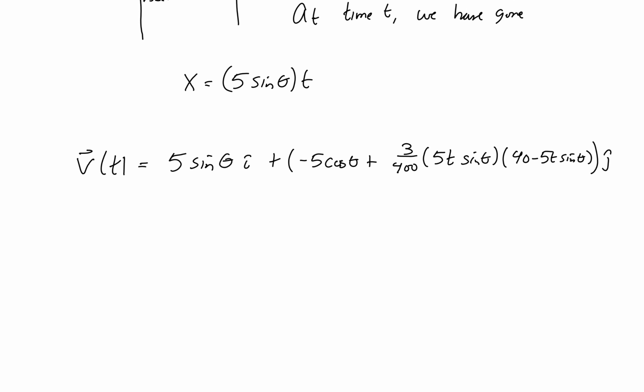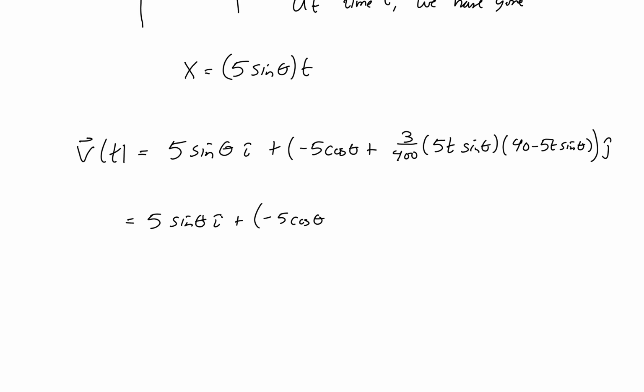So if we simplify this a bit, this is 5 sine theta i plus, and I'm going to have minus 5 cosine theta, and I'm going to have 3/2 t sine theta minus 3/16 t squared sine squared theta j.